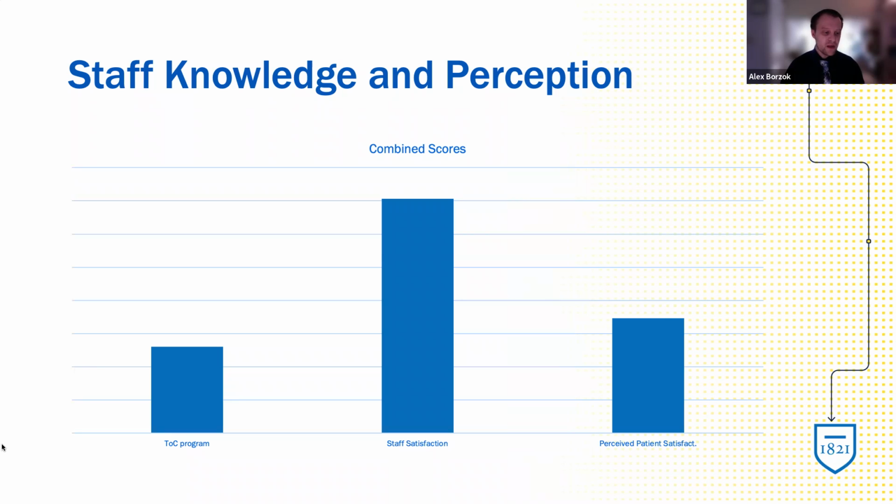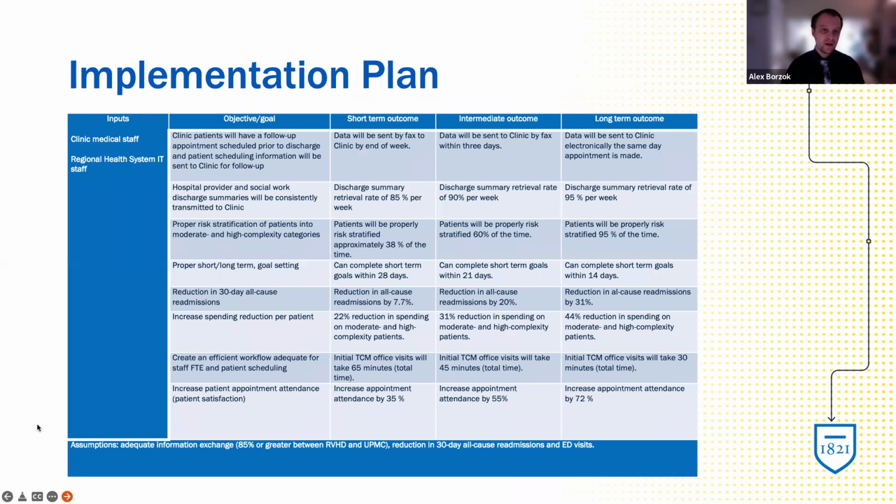And all of this played into the overall implementation plan and objectives that were developed, looking at the gap analysis, the literature that was reviewed, the themes and the gaps, and also the results of the staff surveys.